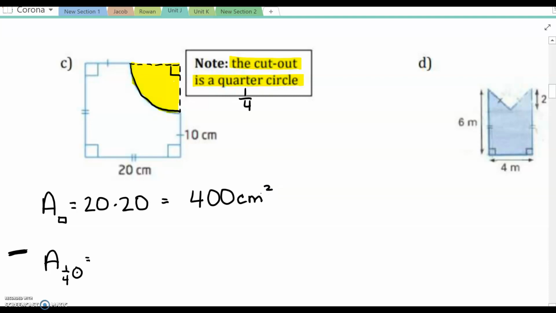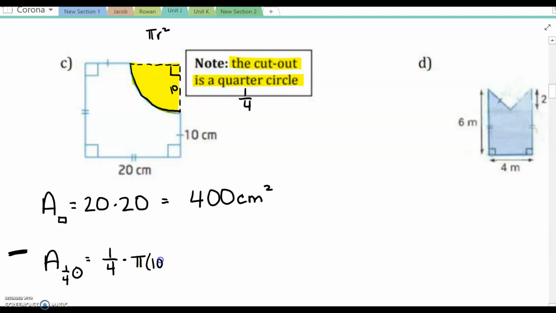To find the area of a full circle, we have pi r squared, but I want 1/4 of that. So 1/4 times pi r squared, and our radius over here, if this portion over here is 10, and this whole side is 20, then I know this radius is also 10.